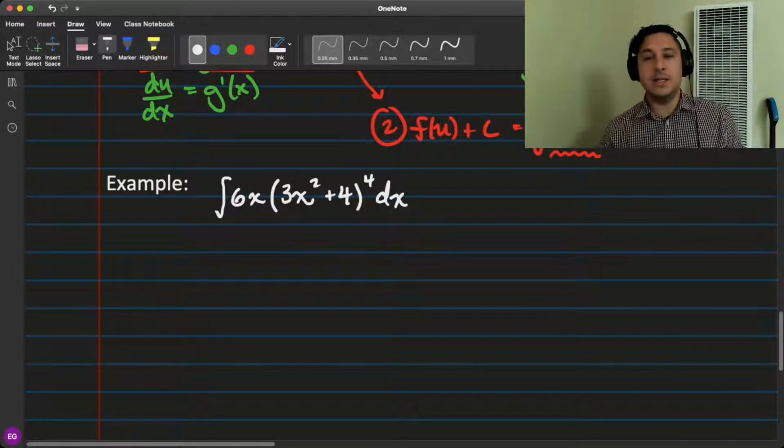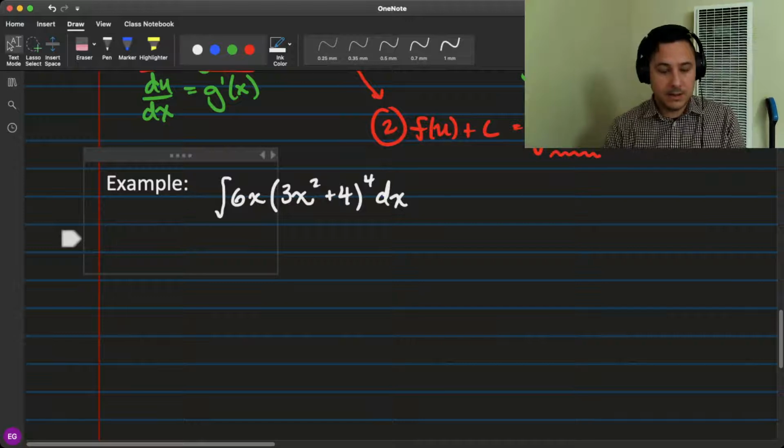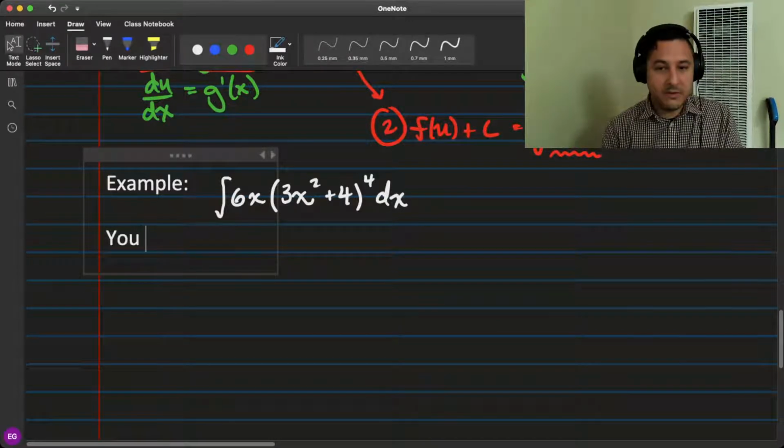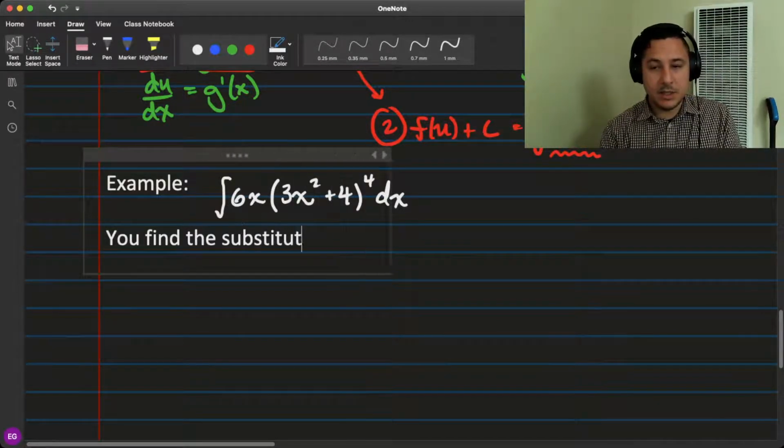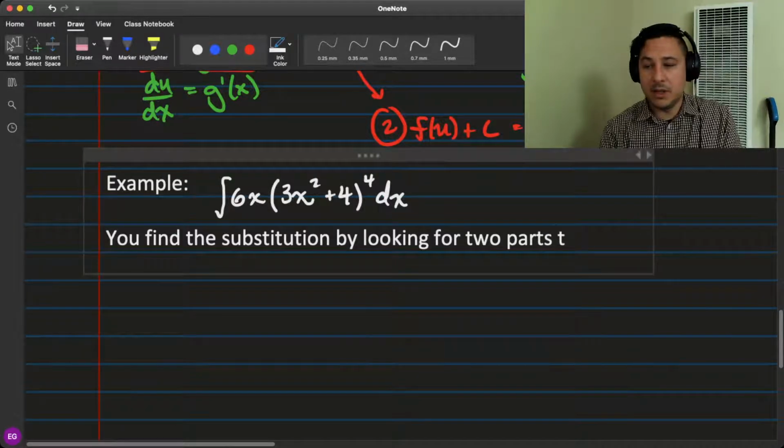When you're doing this, you need to distinguish what you're going to substitute. Usually you find the substitution by looking for two parts that are derivatives of each other.